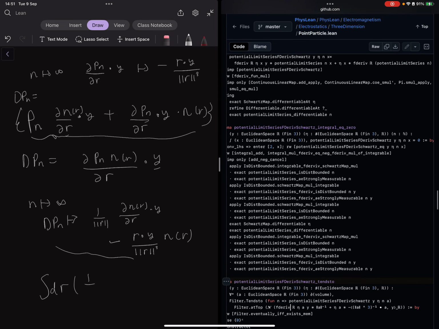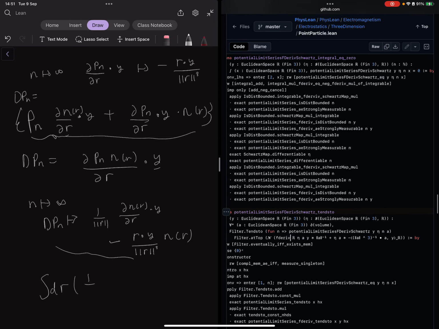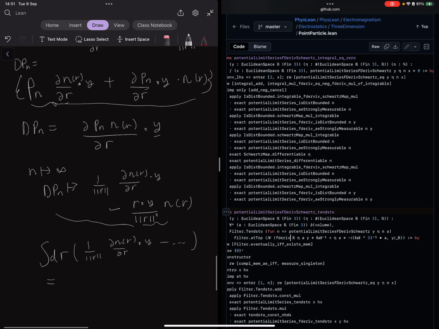And what this means is that this thing here is equal to the limit as n goes to infinity of this integral.